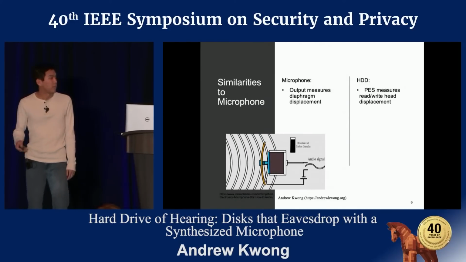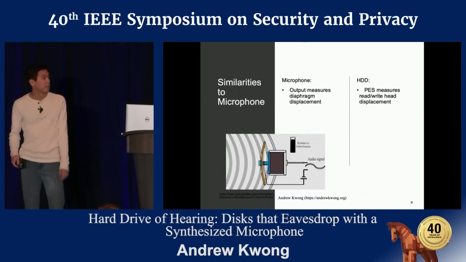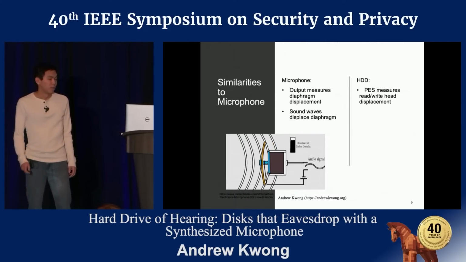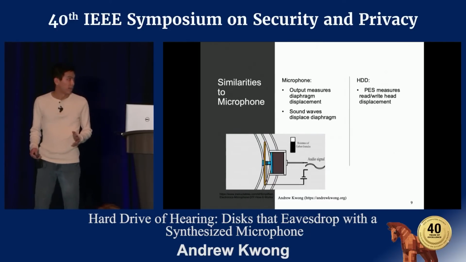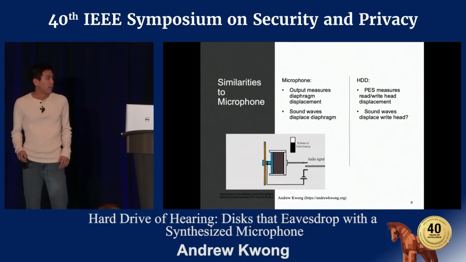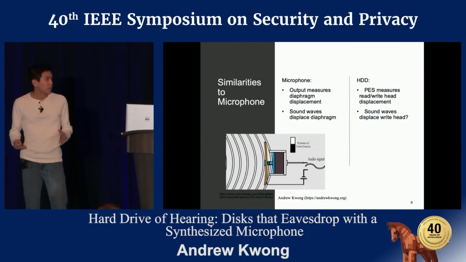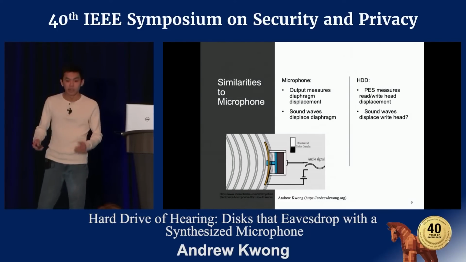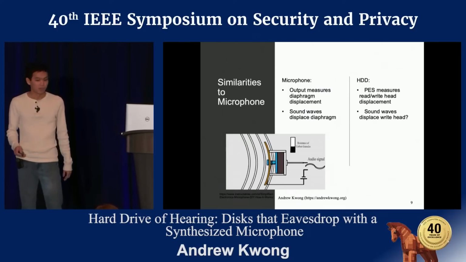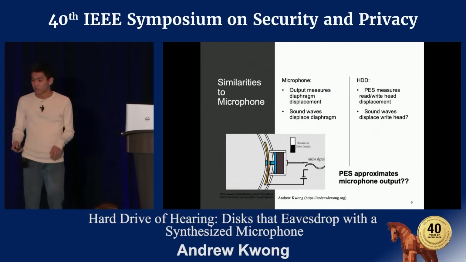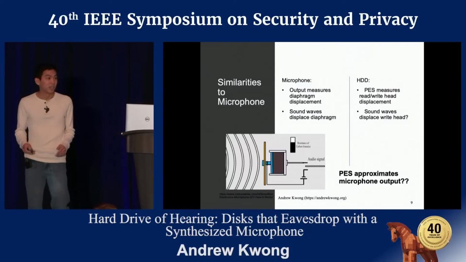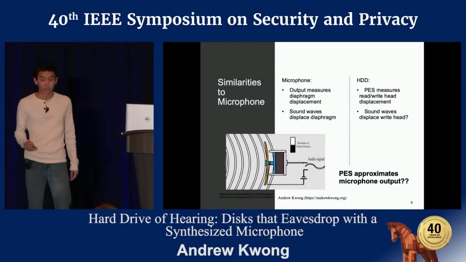With a hard drive, the PES measures the read-write head displacement. With a microphone, the oncoming sound waves displace the diaphragm, and with the hard drive, our assumption is that the sound waves also displace the read-write head in a similar manner. That leads us to conclude that possibly the PES actually approximates microphone output.